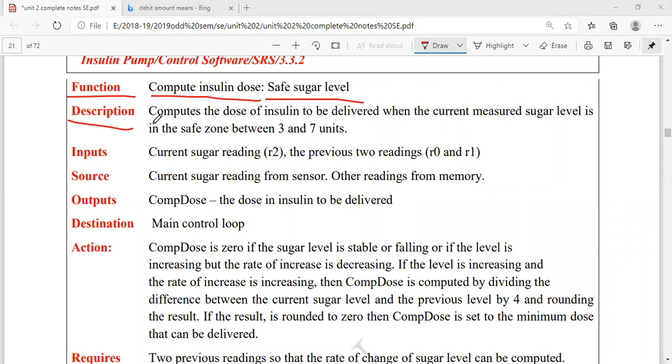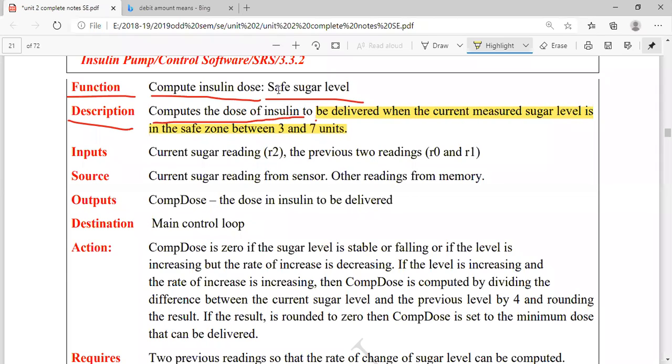So we have to calculate the dose of insulin, when it has to be delivered. How do you calculate that? It should be delivered when the current measured sugar level is safe. So you first have to calculate the dose and measure the sugar level, and it should be in the safe zone between 3 and 7 units.